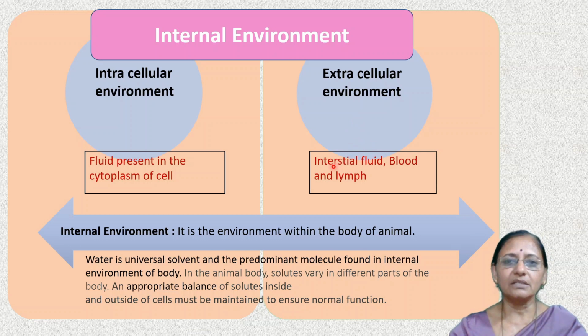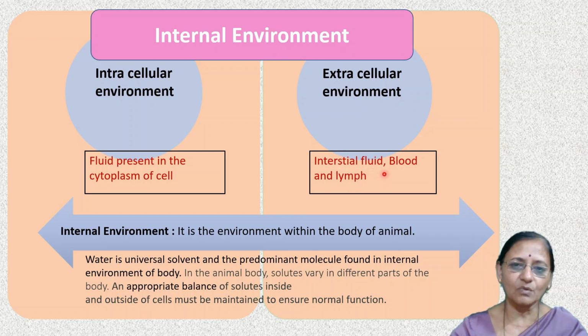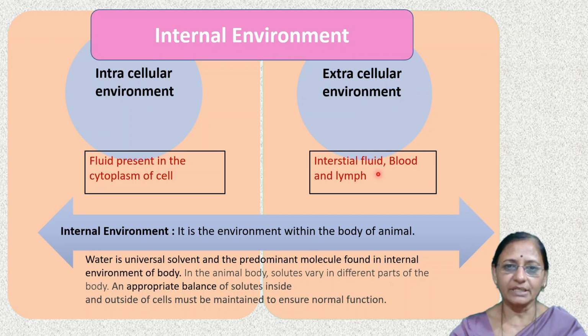This is mainly the fluid in between the cells in tissue, that is the interstitial fluid, and it also includes the blood and lymph. In addition to that, there are small spaces within the body tissue, outside that particular tissue, within the body cavity, where there is also fluid.